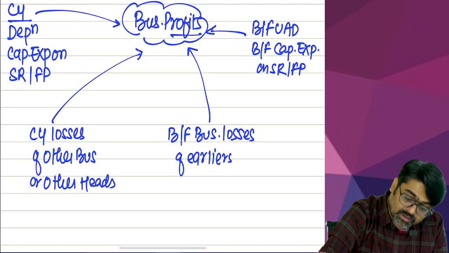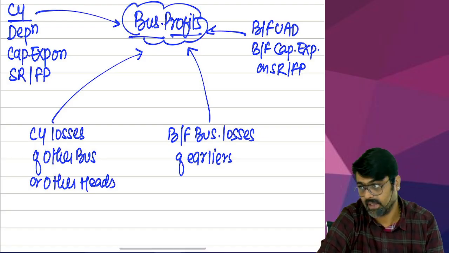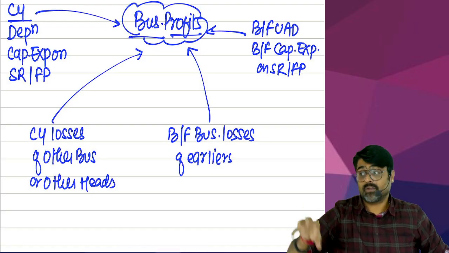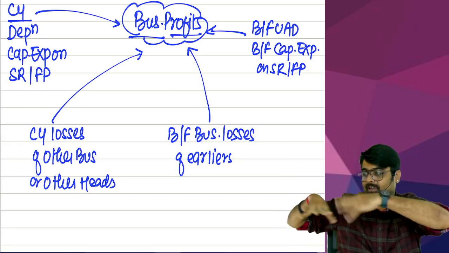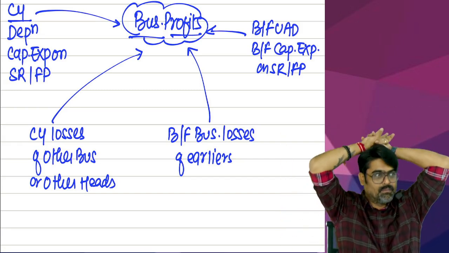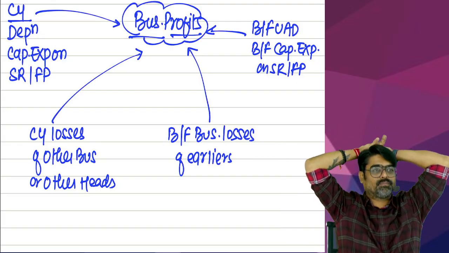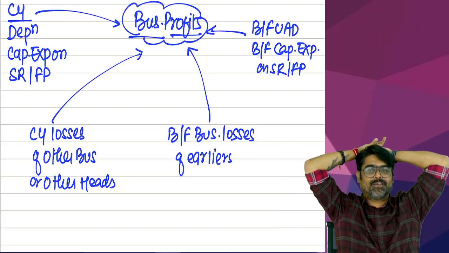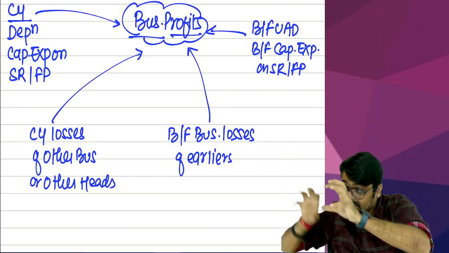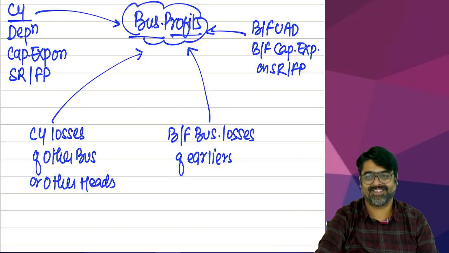So can I say this year's business profit is there? But what if this business profit is limited and these are all different amounts? Now you are in the tension that which item I should adjust first.